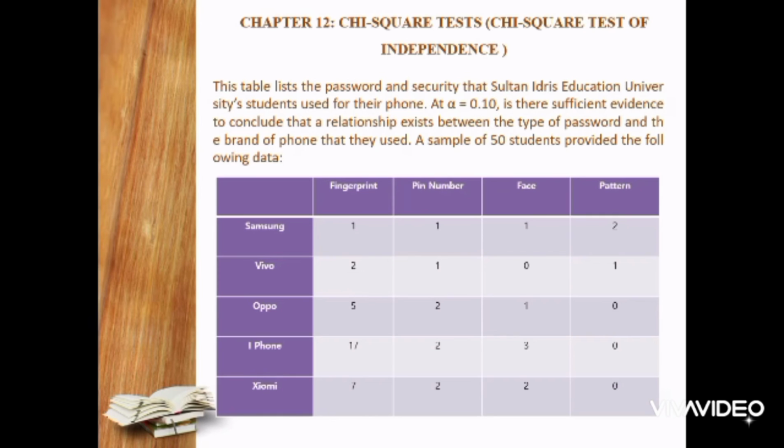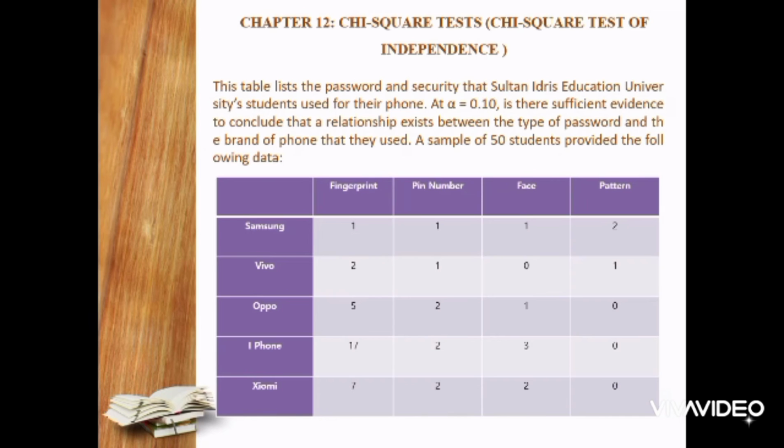Okay, now we collect about 50 students for our survey, and we use a Google form, of course. Okay, so for this chapter, we take the brand of phone and the password and security.